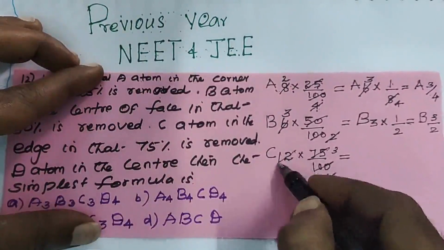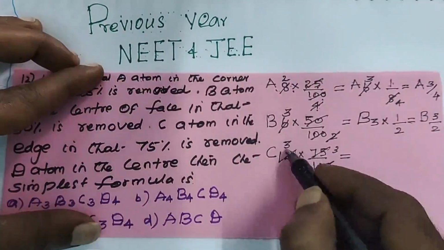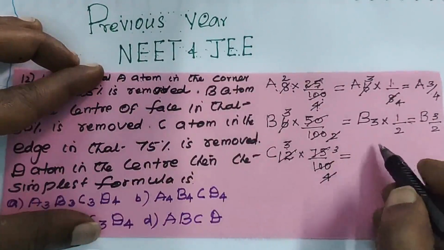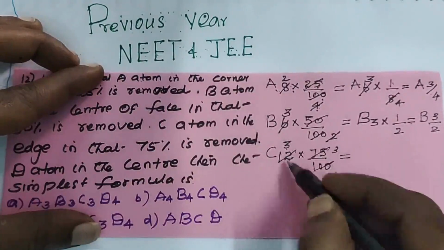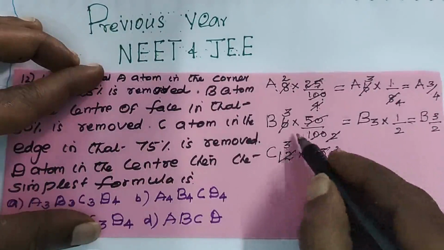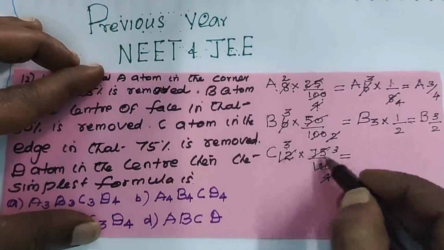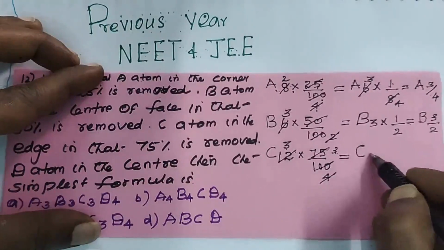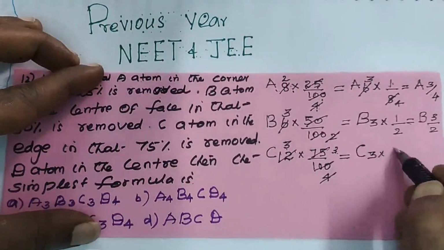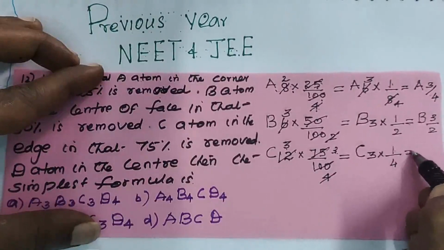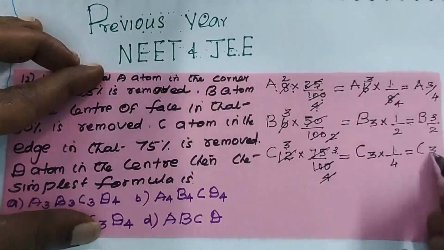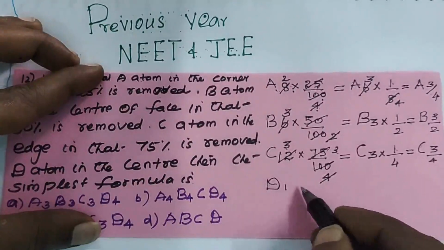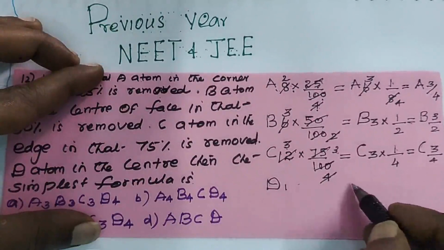The 4 cancels, so 3 into 3 is 9. So among the 12, 9 is removed. That is important. Remaining 3, contribution is 1 by 4. So C is 3 by 4. D has no change, that is the center, only one, not shared. So D is 1.